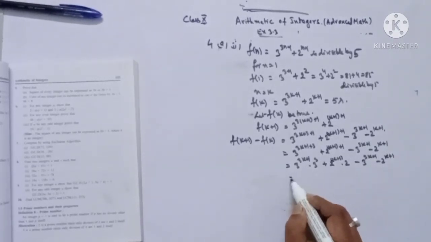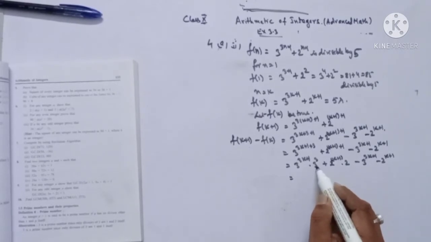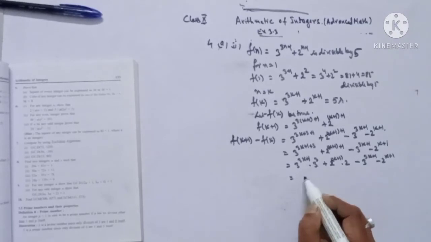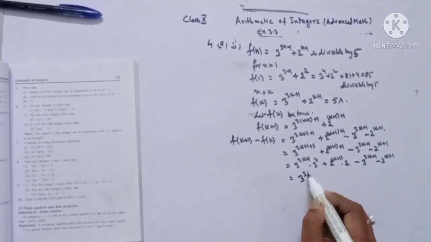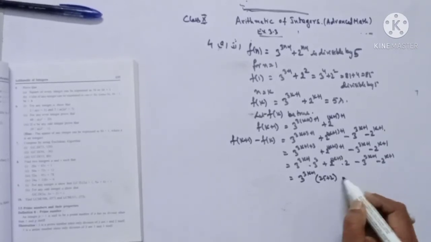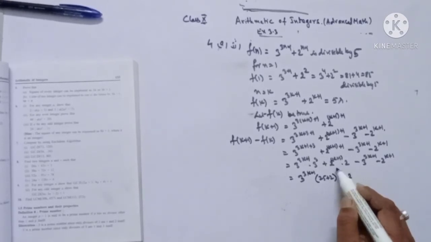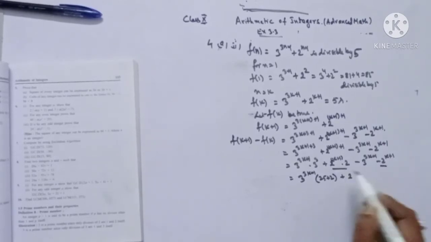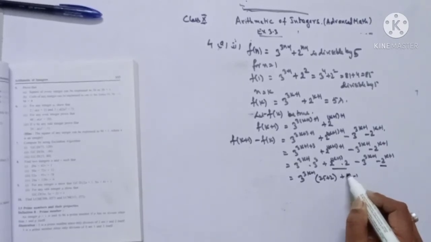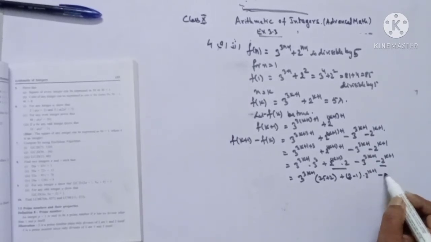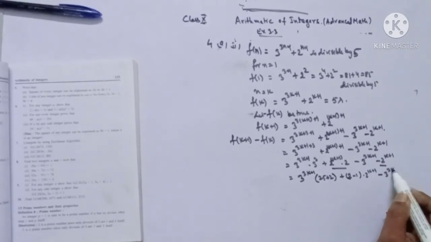So here, 27 I can write as 25 plus 2. So 3 to the power of 3k plus 1 into (25 plus 2), and this will be 2 to the power of k plus 1 into 2, minus 1 into 2 to the power of k plus 1, and this will be minus 3 to the power of 3k plus 1.